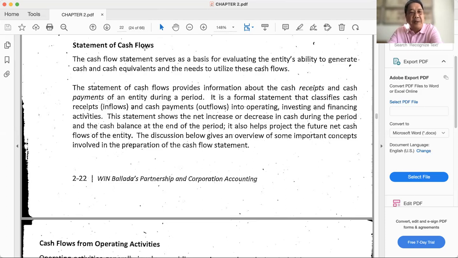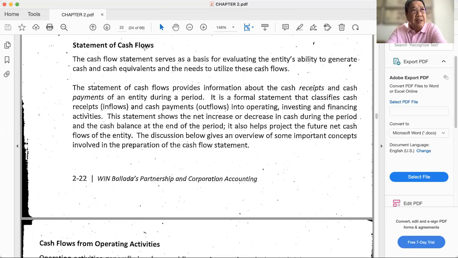It is a formal statement, pang-apat nga yan, sa ating diniscuss the basic financial statements, that classifies cash inflow or cash receipts and cash payments or cash outflows into operating, investing, and financing activities.